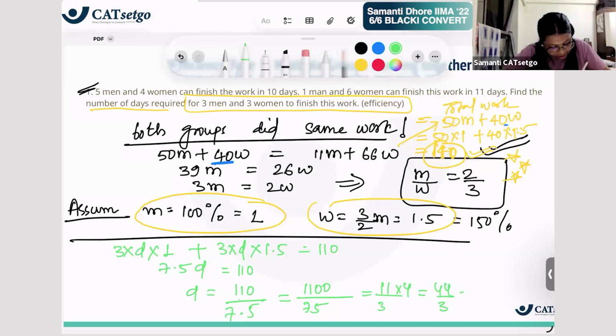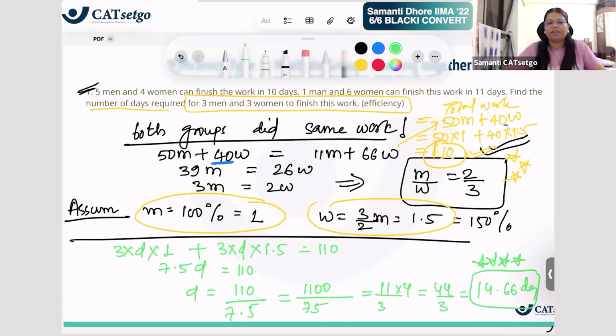Which is 44 by 3. है ना, मैंने बस 75 by 100 ले लिया उसको, तो वो 3 by 4 हो गया. Right? फिर उसके बाद let me इसको भी सुंदर कर देती हूँ मैं. 110. हाँ, तो अभी this becomes 14.66 days.